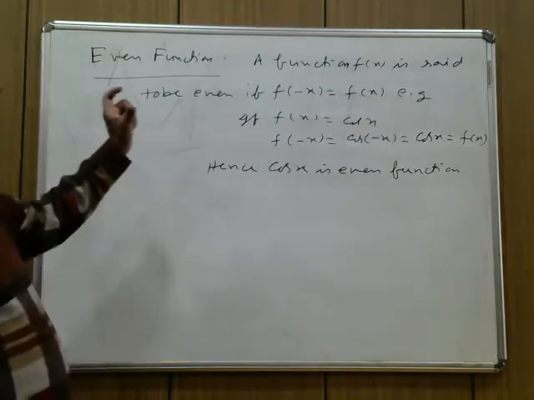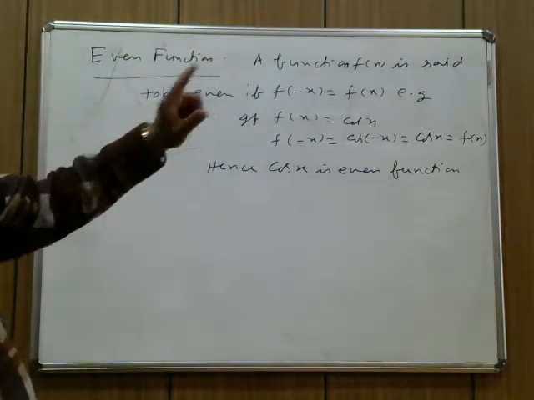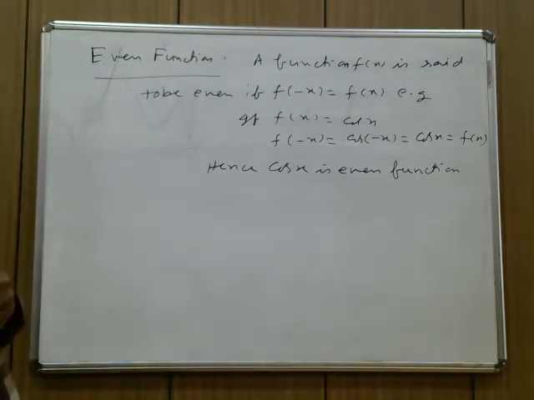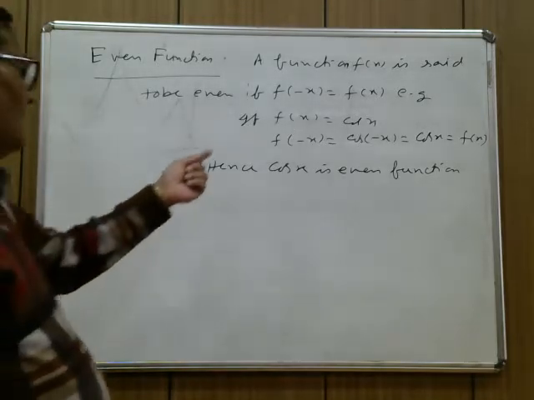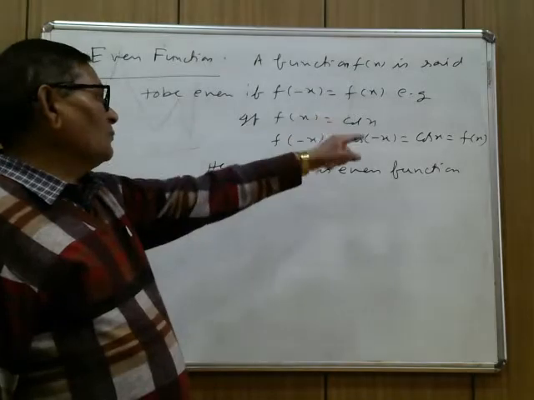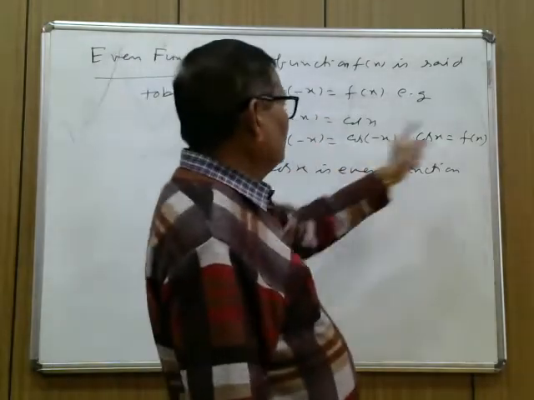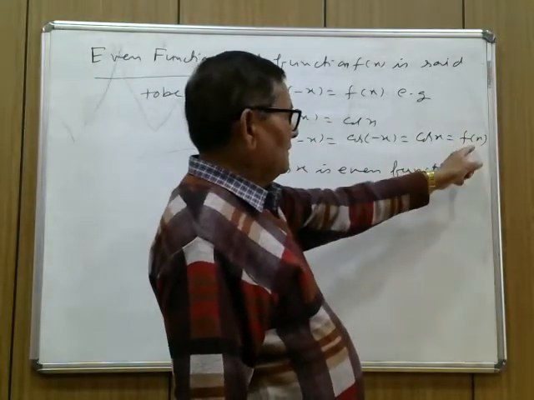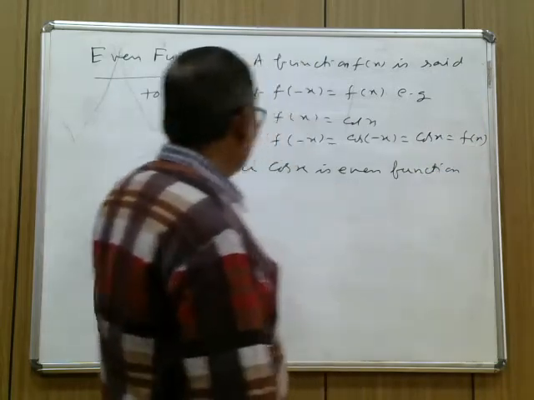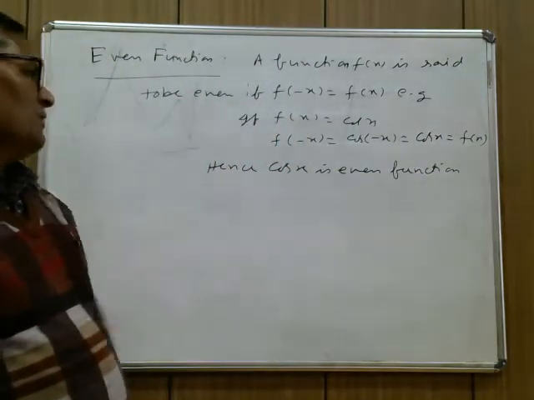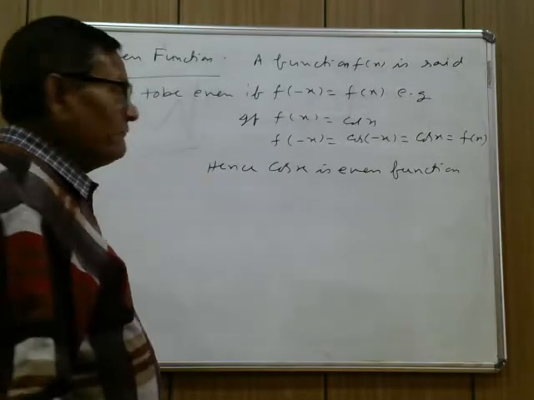So this is the definition of even function. I am revising that. A function f(x) is said to be even if f of minus x equals f(x). For example, if f(x) equals cos x, and you replace x by minus x on both sides, you certainly obtain f(x), so cos x satisfies the definition of even function, therefore it is an even function.